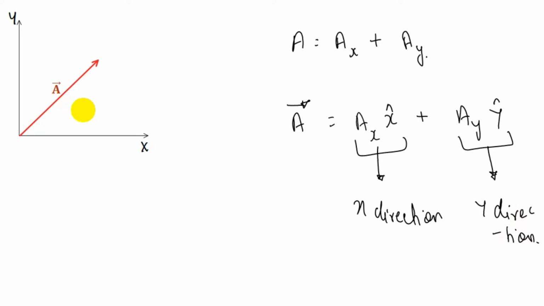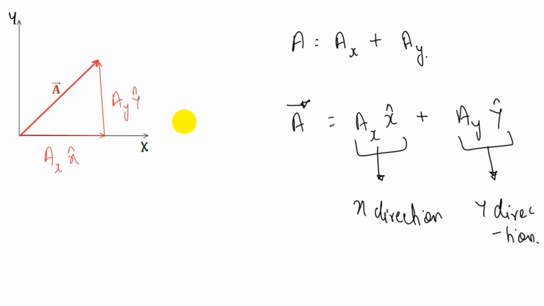Now we can also represent it on the figure. So this is the vector component in the x direction and this is in the y direction. So this is Ax x cap and this is Ay y cap. And this x cap and y cap are the unit vectors along positive x-axis and positive y-axis.